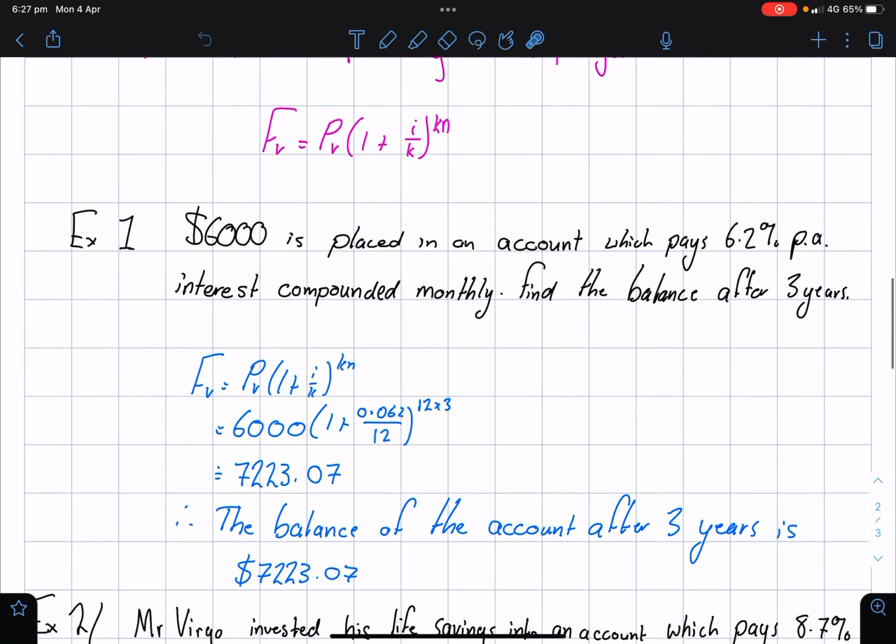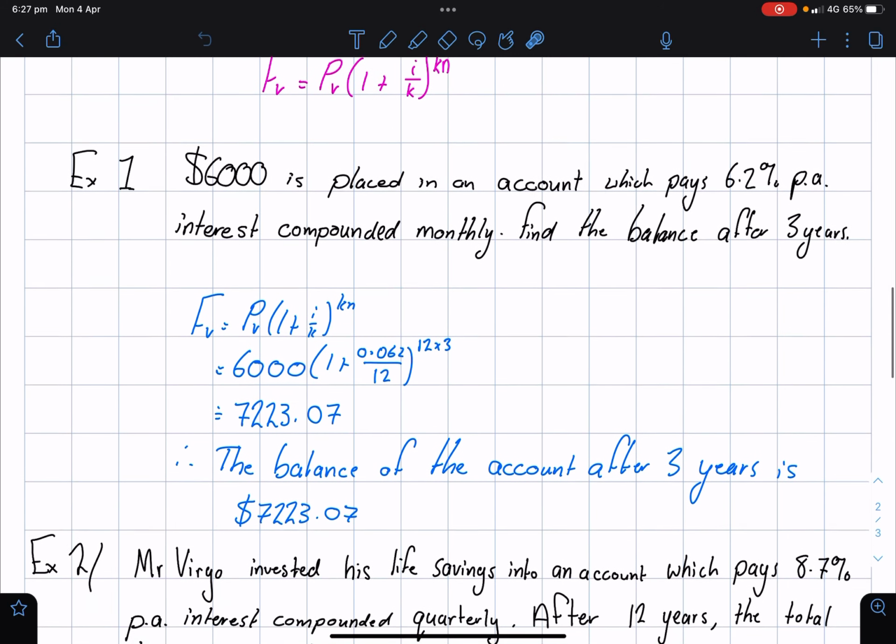The second example I'm going to run through is when we're trying to find something other than our future value. If we're trying to find our initial value, our interest rate, how many times the interest is paid compoundly, and then also the number of years that we have done this compounding interest for.